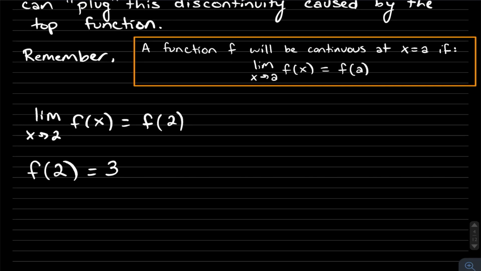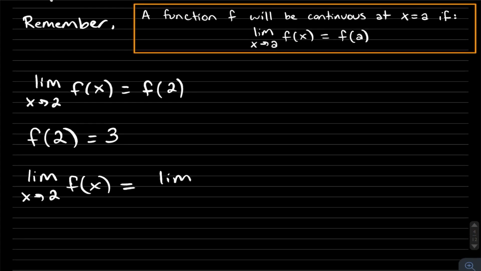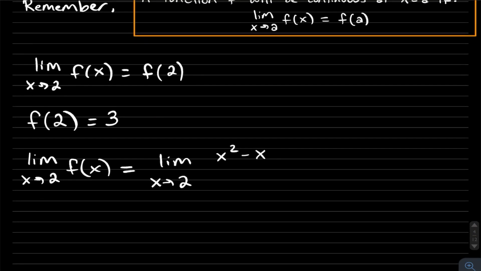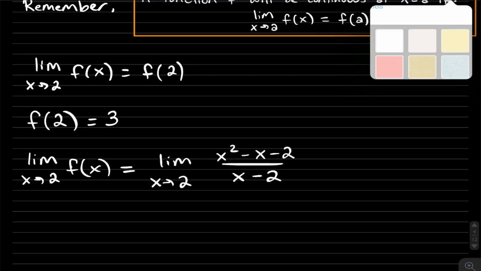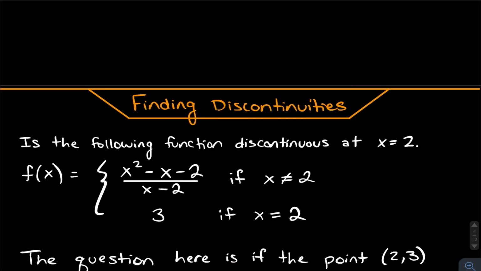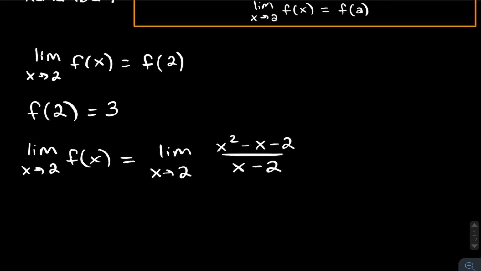Now, let's talk about that limit as x approaches 2 of f of x, which is equal to the limit as x approaches 2 of x squared minus x minus 2 over x minus 2. And just because I realized I have the lines on here, I'm going to turn those off. Some people like the lines better, some people don't. I think I like the lines off.